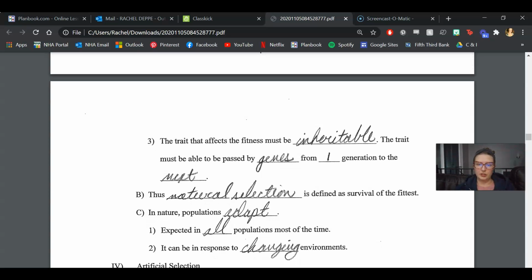In nature, populations adapt, expected in all populations most of the time, and it can be a response to changing environments. So, one common example of this is finches that were studied by Charles Darwin.